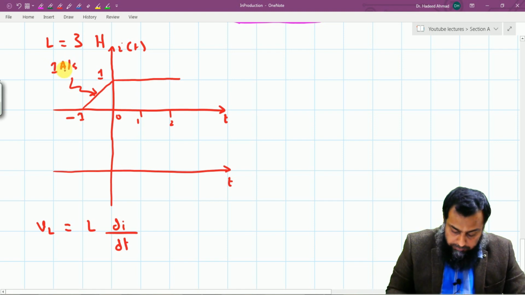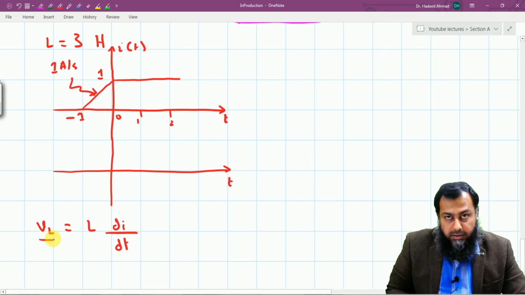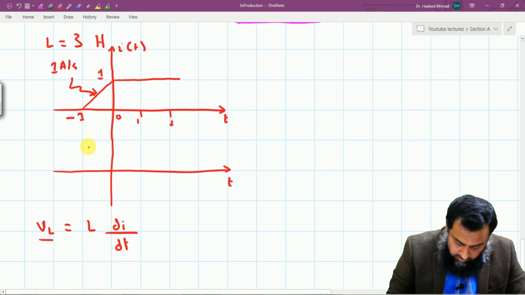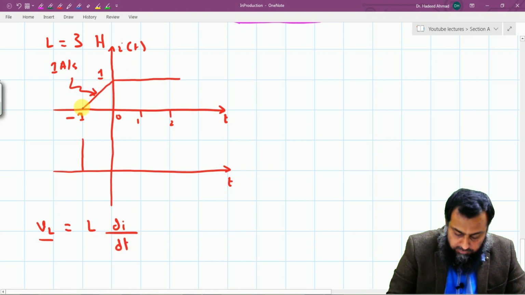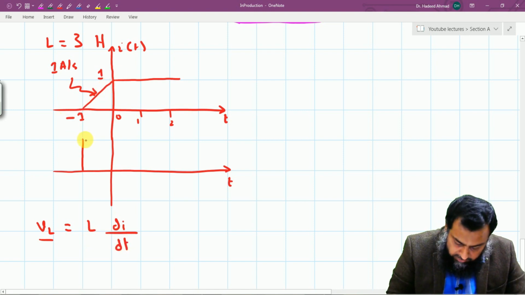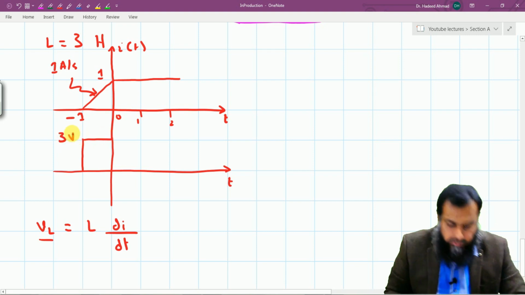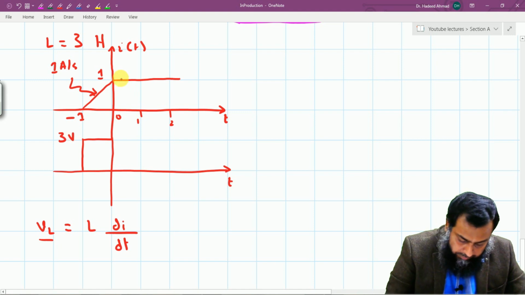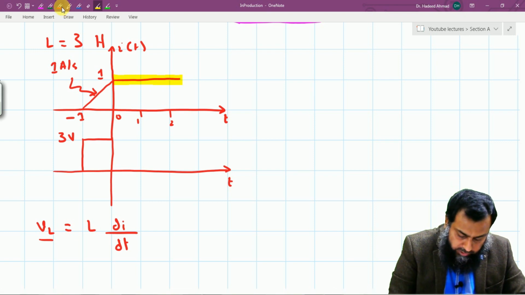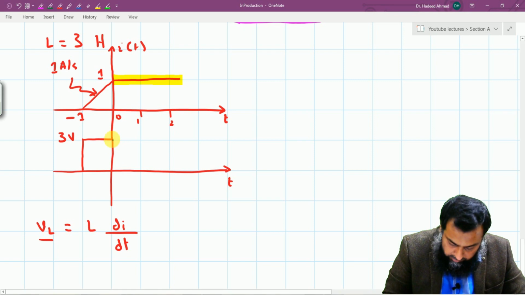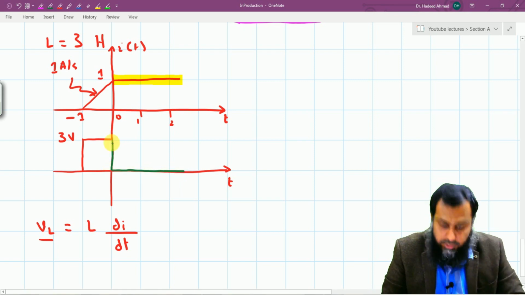So consequently, the voltage VL will have a value equal to 3 times the derivative of this current function. So differentiating it gives us a straight value, and that is equal to 3 volt, right? Notice here, right after this 0 instant, the current is constant, and therefore the derivative of a constant is equal to 0, and therefore the voltage shall have a 0 value after t exceeds 0.